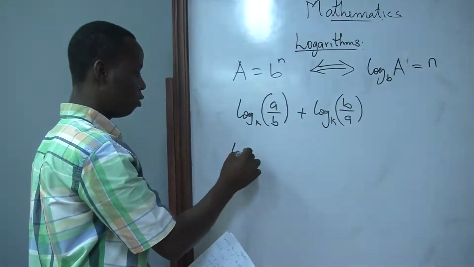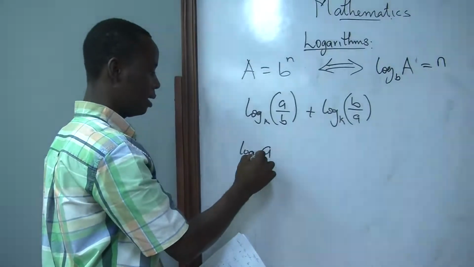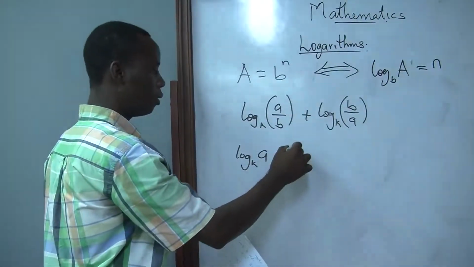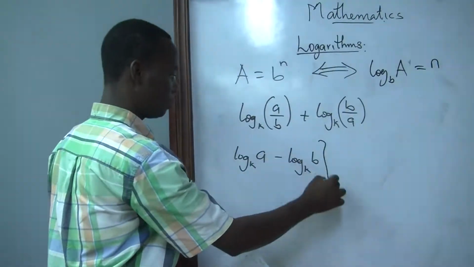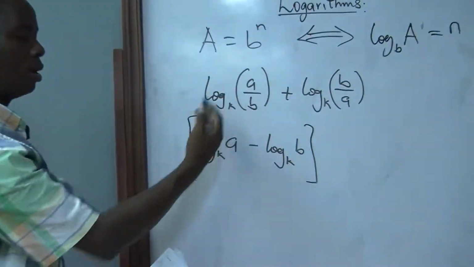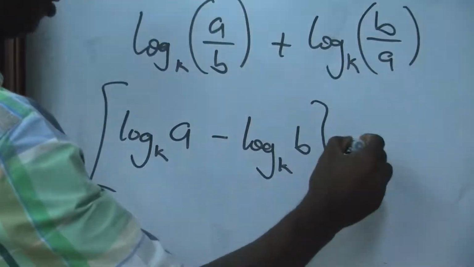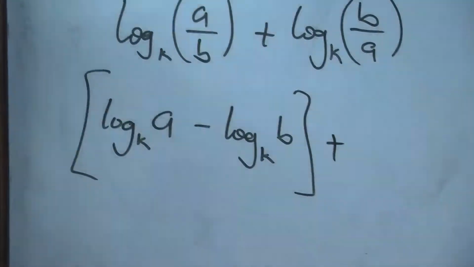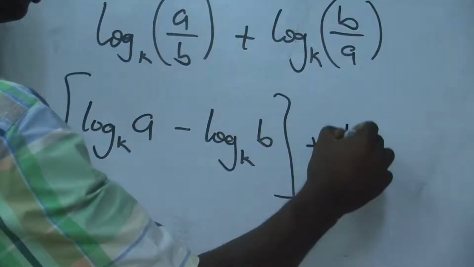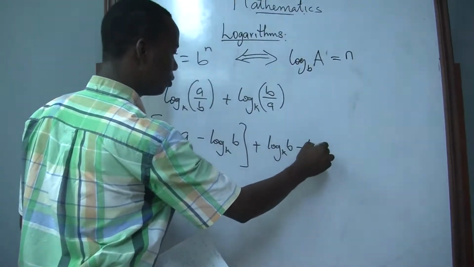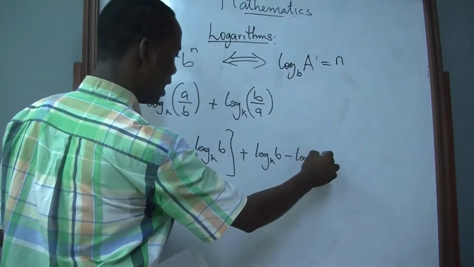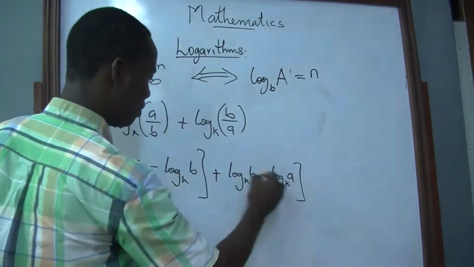We have log a in base k minus log b in base k. That is what we have on the left hand side. Plus, let's look at what we have on this side also. That will be log of b in base k minus log of a in base k.